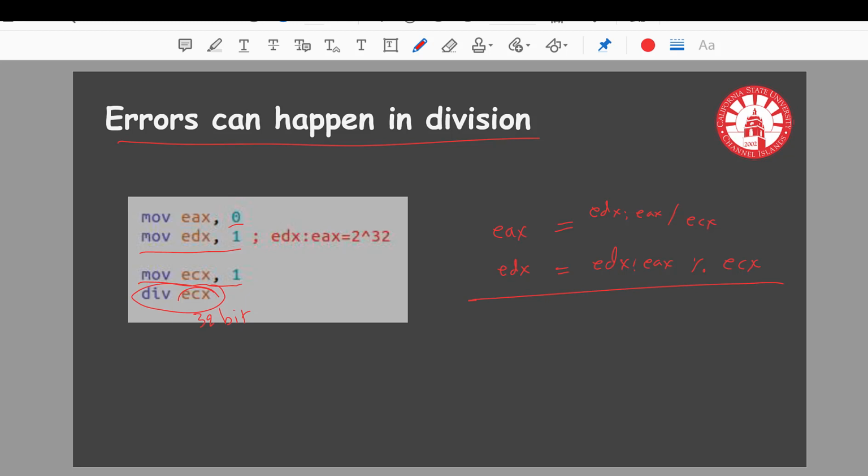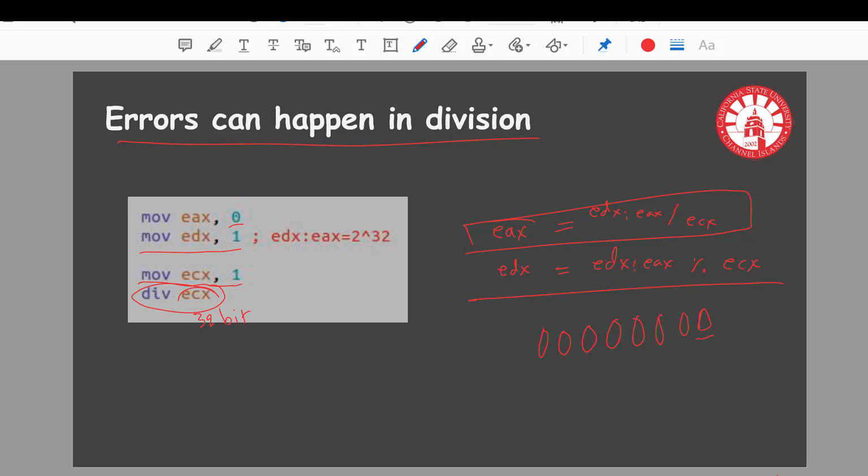So let's see what happened in here. For this, we have EAX as 0 value, meaning that we have 0, 0. All these zeros are in hex. Since the register EAX is 32-bit and each of these numbers is 4-bit, we're going to have 8 of these 0 hex: 1, 2, 3, 4, 5, 6, 7, and 8.